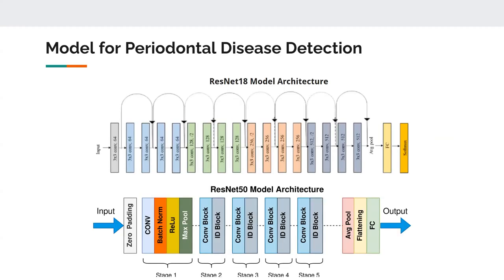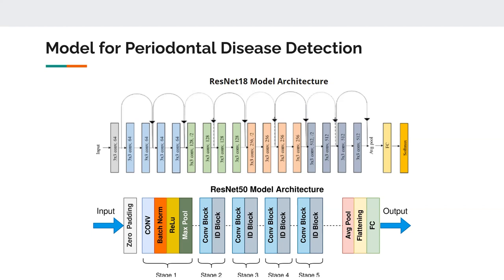For these experiments, I wanted to test a variety of open source models, both pre-trained and not pre-trained. I used the ResNet 18 and 50 models. I did not affect the architecture of these models. I used this as the goal to attain the highest level of success with the current open source architectures.